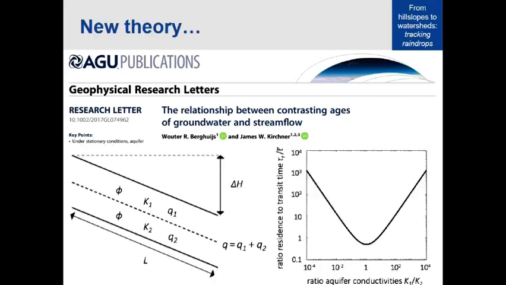And they tried to explain these data based on the permeability ratio, if you like, of the soil, this thing that hill slope hydrologists have focused on for many decades, and then what lies below. So if you look at the ratio of the residence time of groundwater, these very long ages I mentioned, to the transit time of water in the stream, this is really affected by this ratio of conductivities, if you like, or permeabilities between these layers.